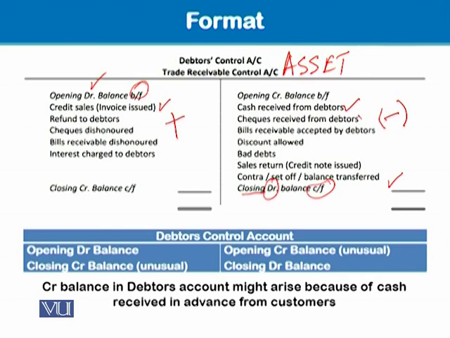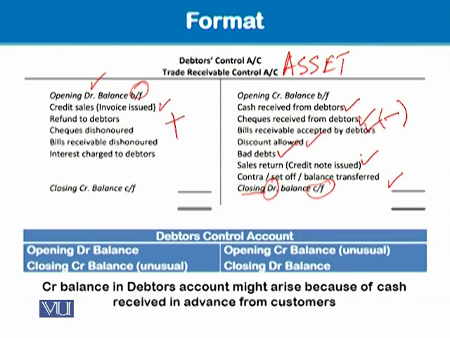Or if we receive cheques from customers, or there are bills receivable which are accepted by the debtors, or we are allowing discount, or there is a bad debt, or there are sales returns, especially the returns should be based on credit note issued. Okay, all these are causing decrease in the debtors' balance.